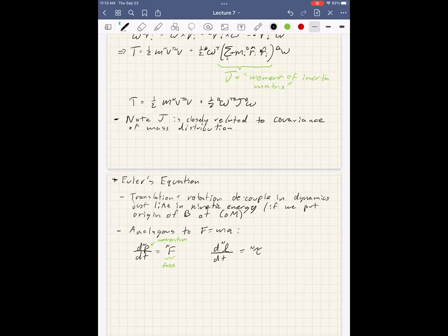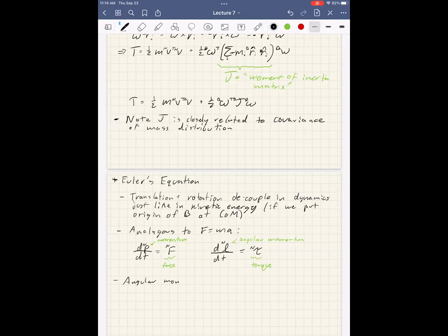And now we're writing these in the N frame, right? Just like the Newton thing. So this is angular momentum. This is torque. And we're going to define angular momentum kind of the same way we did linear momentum.